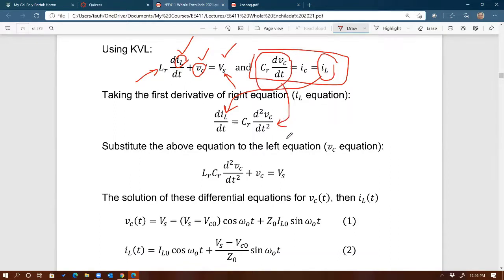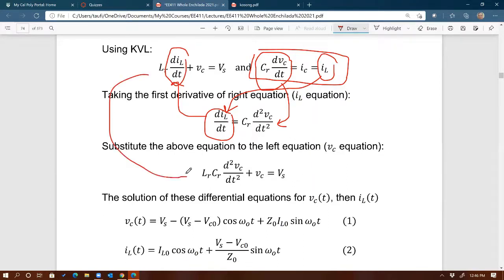What do I do with this? Well, if you look at the first equation, I could substitute that dIL/dt equation back into the first equation. That way I could get rid of IL. So now you end up with one equation, one unknown, which is VC right there.